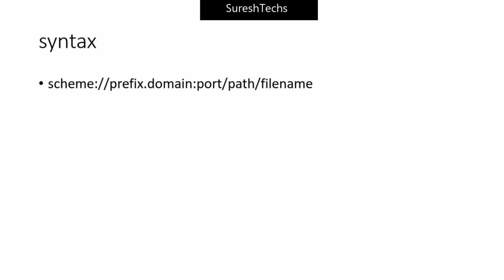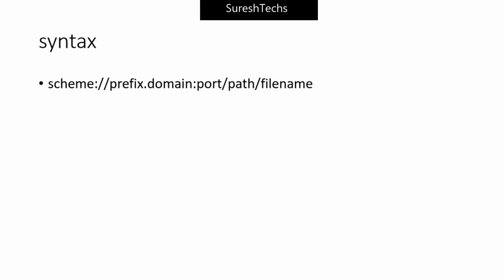A few of the URLs contain port numbers, and along with the URL there will be a path name attached, followed by the file name, when you navigate between the screens inside a web application. So this is what a typical URL syntax looks like.